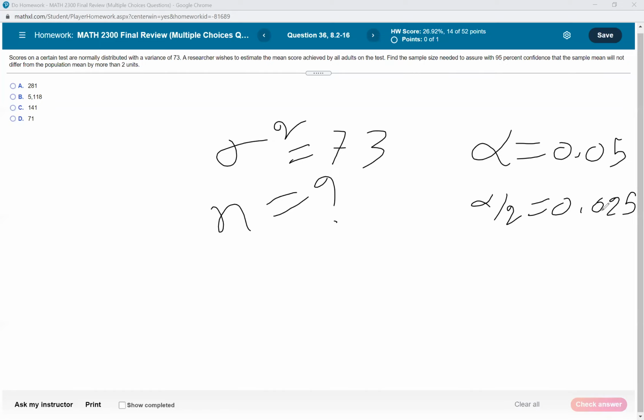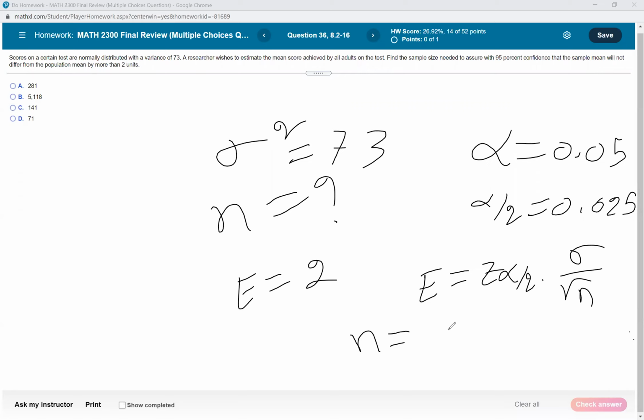And the maximum margin of error: the sample mean will not differ from the population mean by more than 2 units. So that's when the margin of error is 2 units, right? We know that the margin of error is z alpha over 2 times sigma over square root of n.